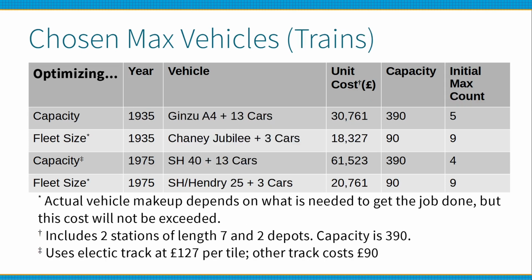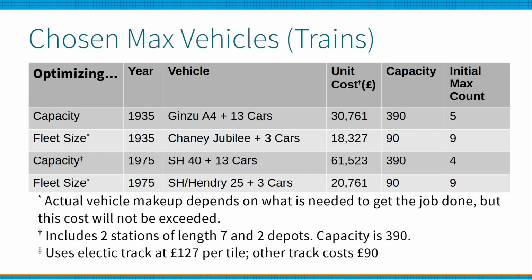As for trains, there's a lot of caveats here. But for capacity, we're going to go with the Genzu A4 plus 13 coal cars. For fleet size in 1935, we're going to go with the Cheney Jubilee plus 3 cars. And the fleet size vehicle is nearly two-thirds. It's more than two-thirds, actually less, but it has less capacity.